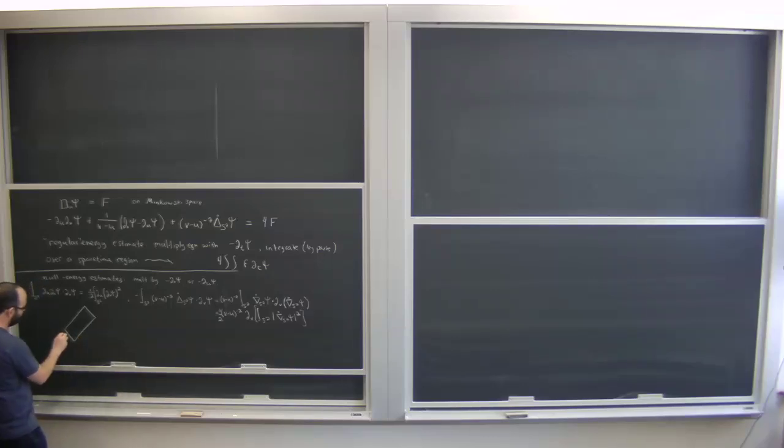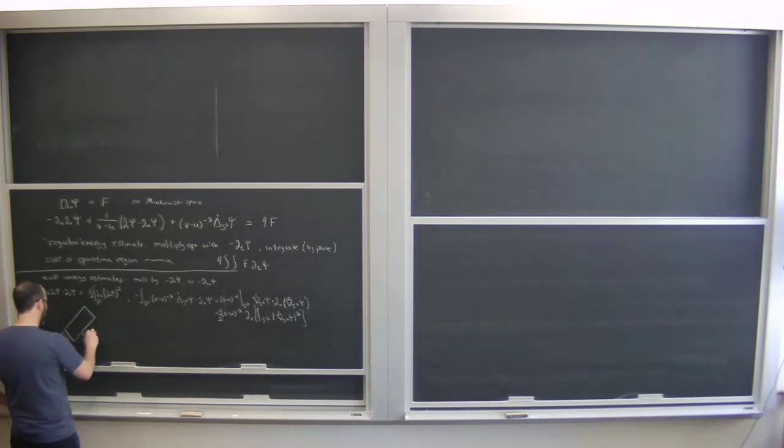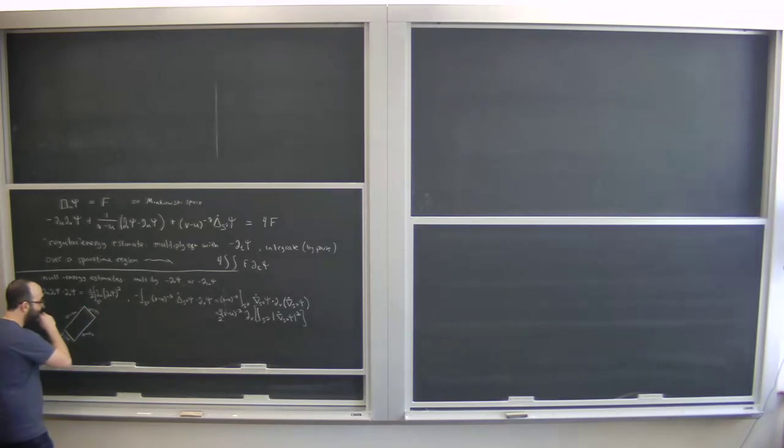If this is u equals u naught, oh wait, let's say v equals v naught, this is u equals u naught, u equals u1, and v equals v1.